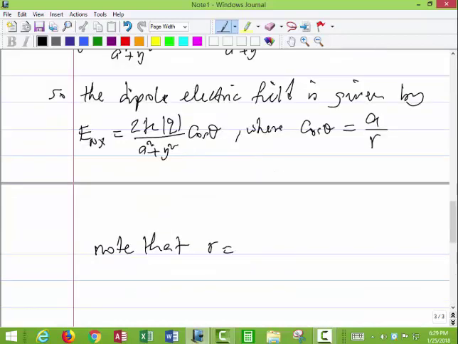So R is equal to A squared plus Y squared to the power half.